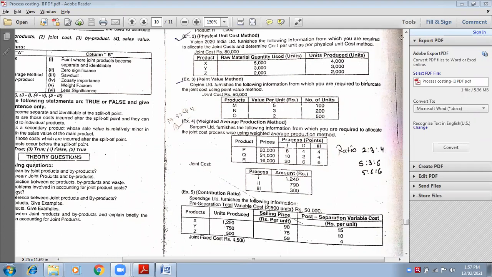For process 2 product Q, 169. And for R, 339. Okay. And for process 3, P, 88. Q, 106. And R, same, 106. Okay.